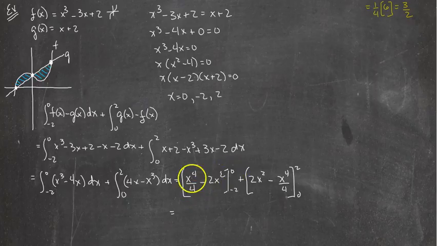So I have, well, 0 works because these just zero out. So negative 2 to the 4th power, 2, 4, 8, 16, but it'll be positive. 16 divided by 4 is 4. Minus negative 2 squared is 4, times 2 is 8. Plus, and it works in the opposite direction this time.